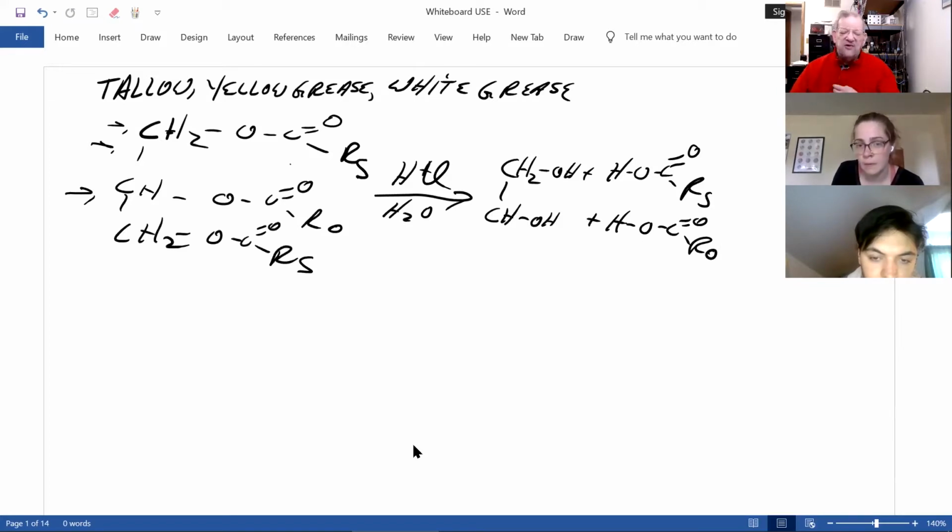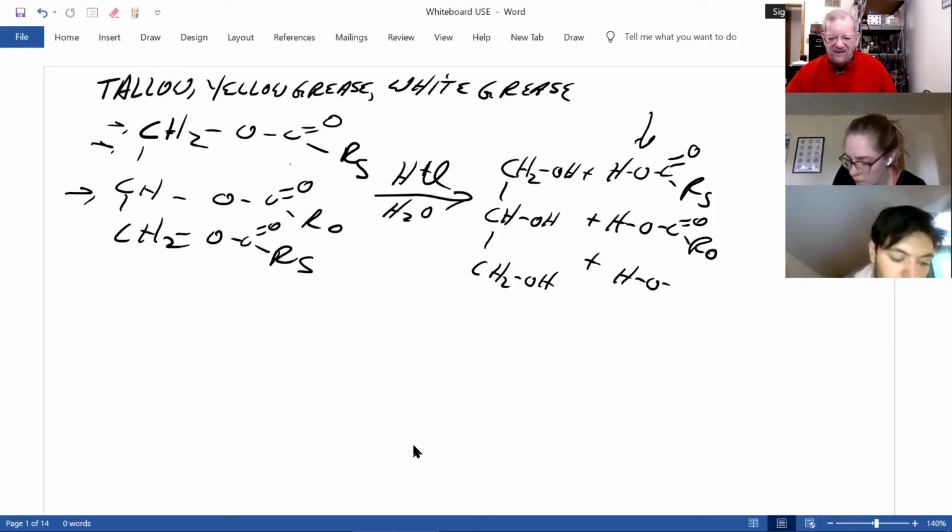If I ask you to give the structure, please don't do this. Use the actual carbons and hydrogens. And finally, the last one will give this plus stearic acid. And in reality, it's about a 50-50 mixture.